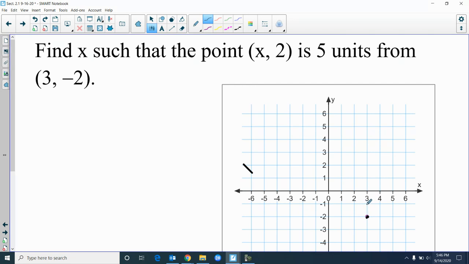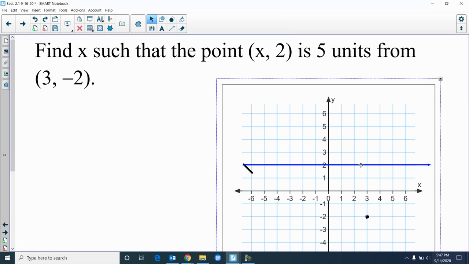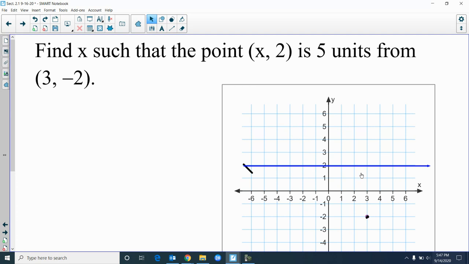Well, if I go straight up, 1, 2, 3, 4, 5, that's 5 units away, but that can't be the point because it has a y coordinate of 3. The point that we're looking for has to have a y coordinate of 2, which means it has to fall somewhere on that blue line, because that blue line will have a y coordinate of 2.